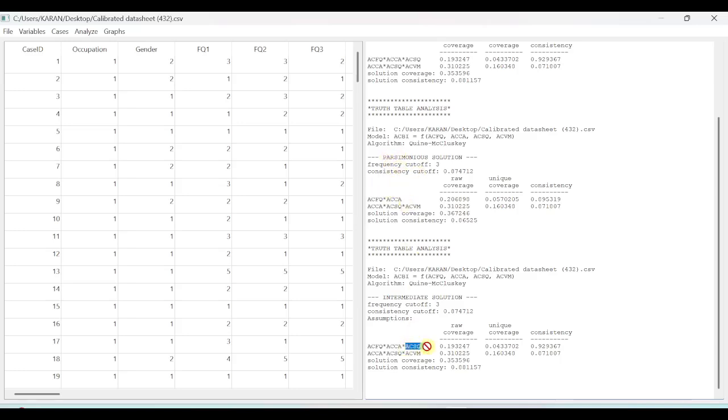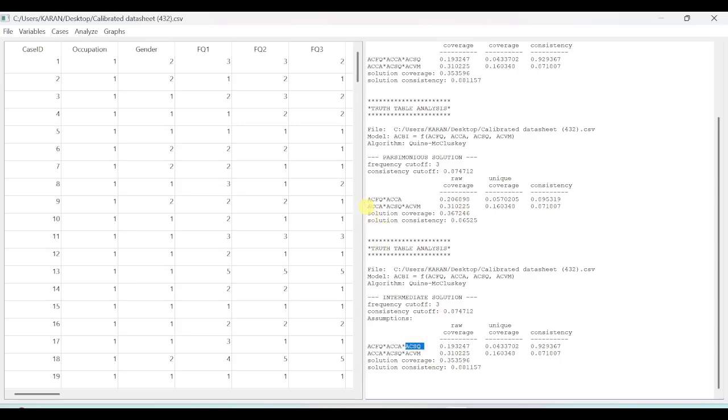So I call this one a peripheral condition for this configuration. ACFQ and ACCA are both core conditions and ACSQ is a peripheral condition.